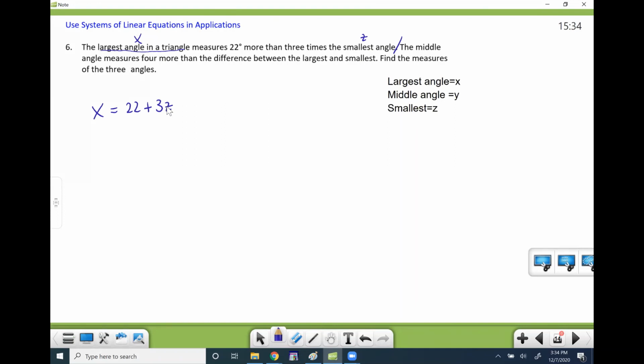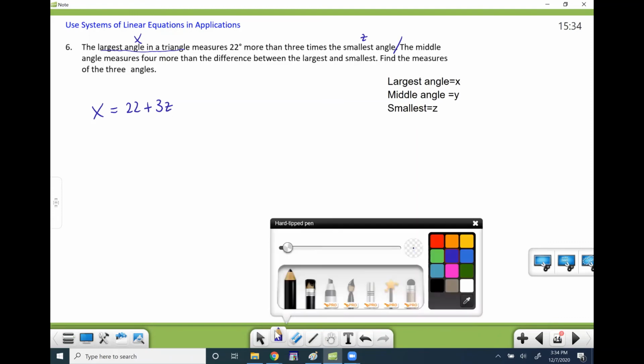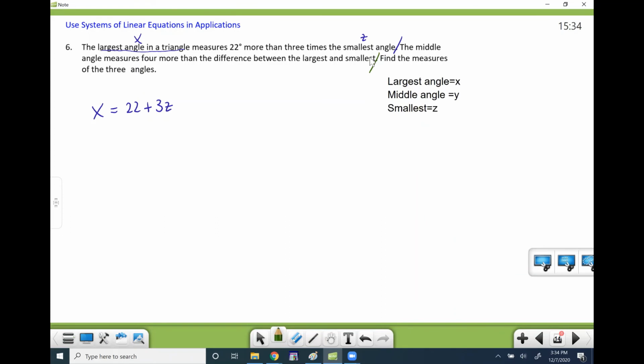The largest angle in a triangle is 22 more than 3 times the smallest. 22 plus 3 times z. All right, let's go to the next equation. I'll stop at the period. The middle angle. We know the middle angle is what we're calling y. So y measures 4 more than the difference between the largest and the smallest. What does difference mean again? Subtraction. Yeah.